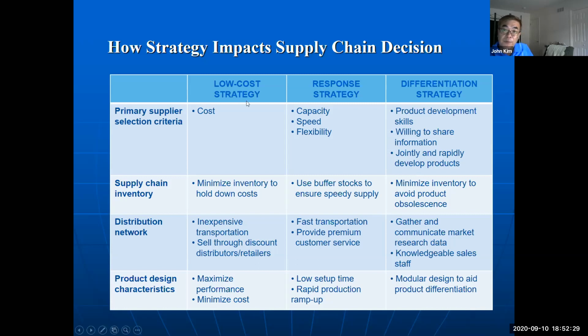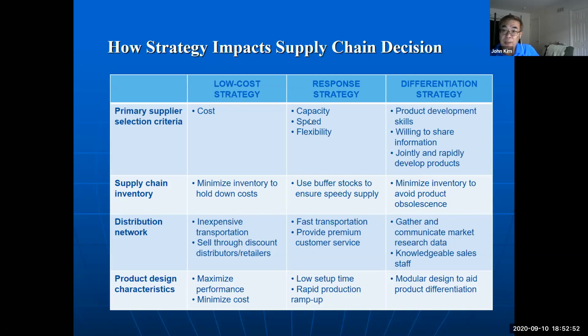So if they want to make it cheaper in that industry, then the primary supplier selection criterion is cost. So when selecting suppliers, they choose low cost suppliers.